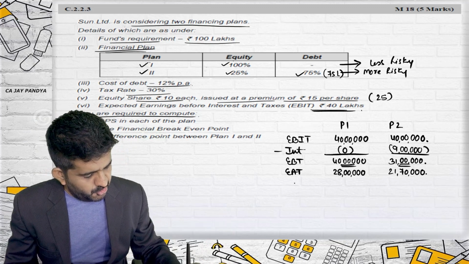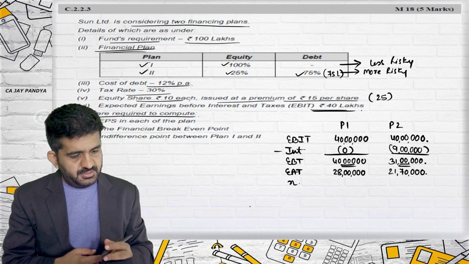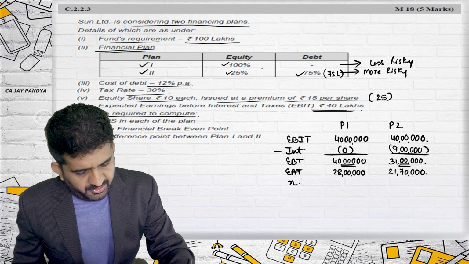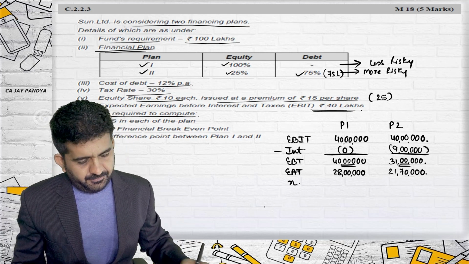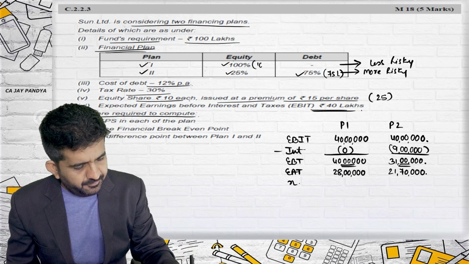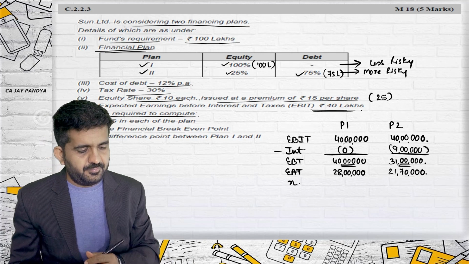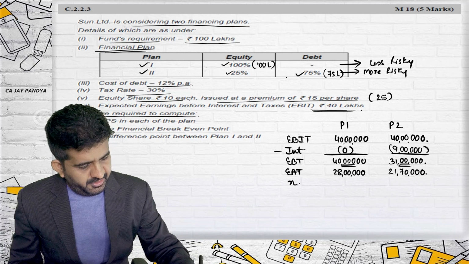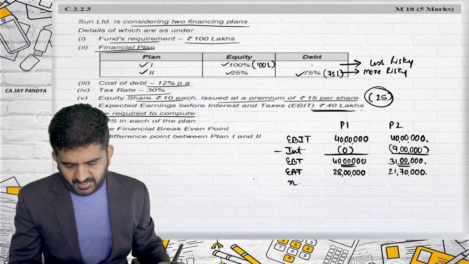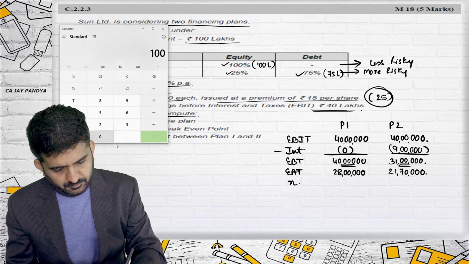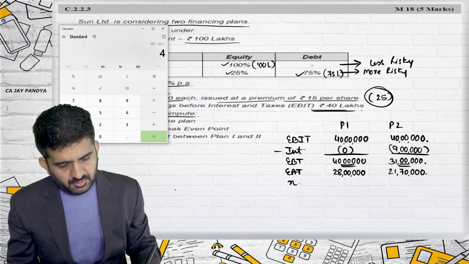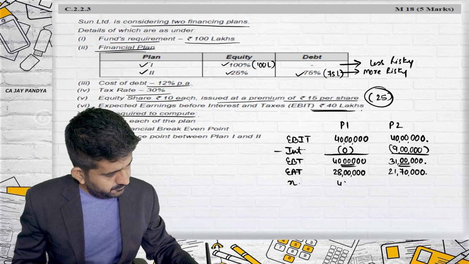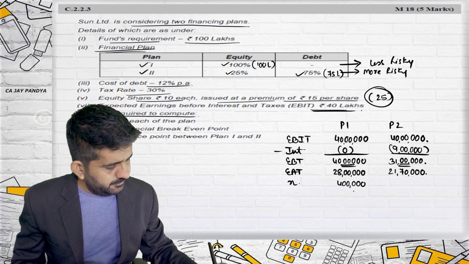Preference dividend is not there. Number of shares. You have raised 100 lakhs in plan 1 from equity. So 100 lakhs divided by 25 is 4 lakhs. Number of shares.